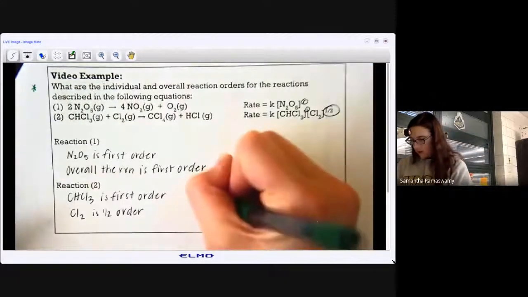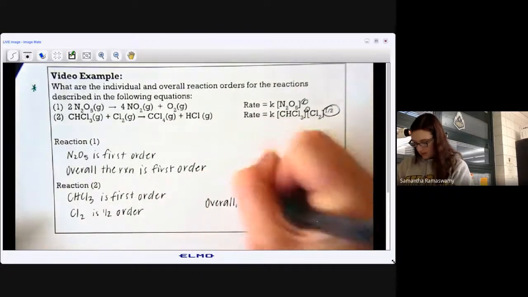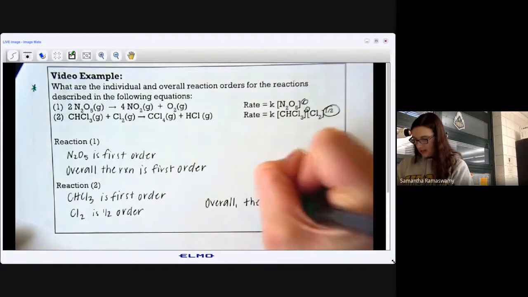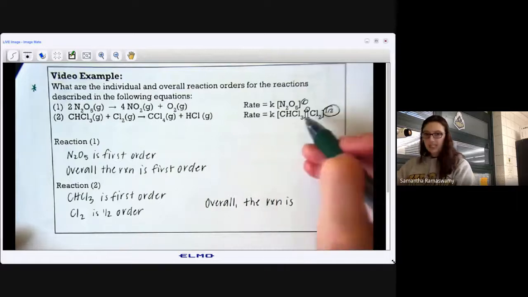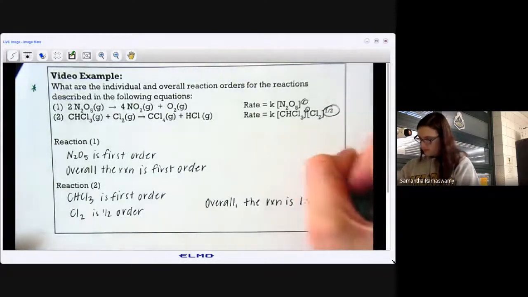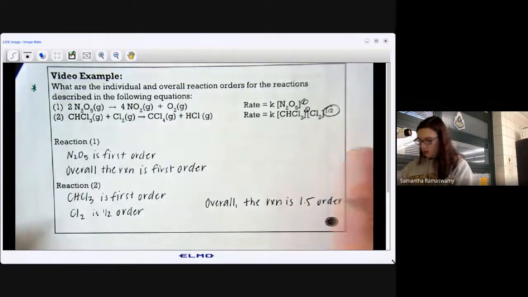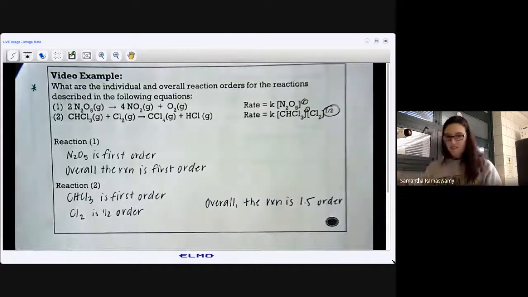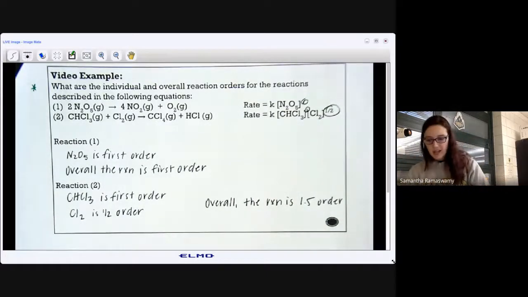And then overall, add up your exponents. 1 plus 1/2 is 3/2 or 1.5. So we would say overall, the reaction is 1.5 order. Now, is that common? No, but we have seen it before.